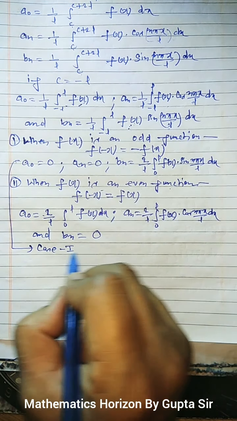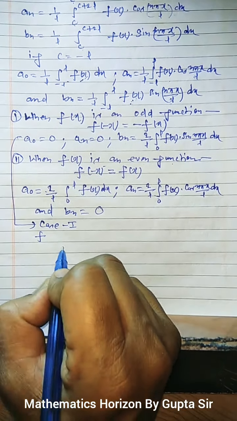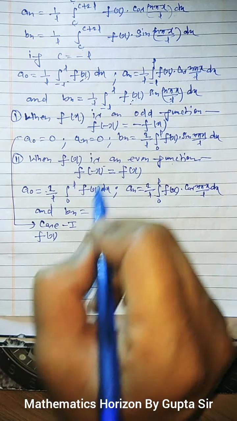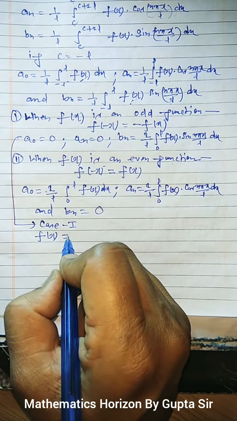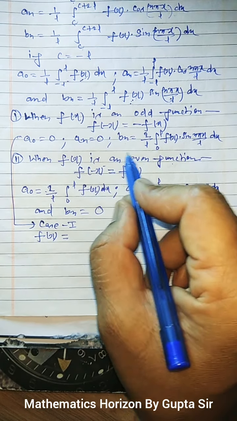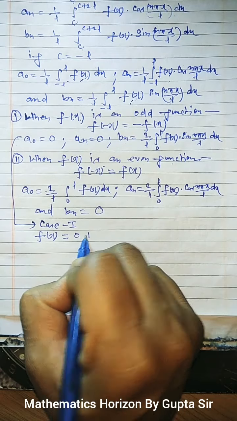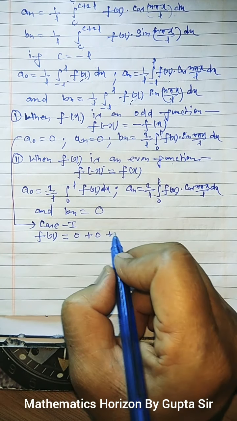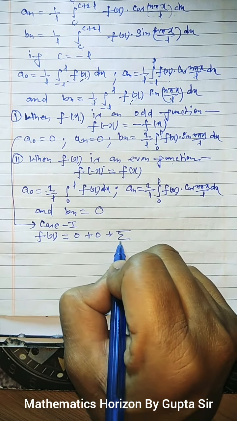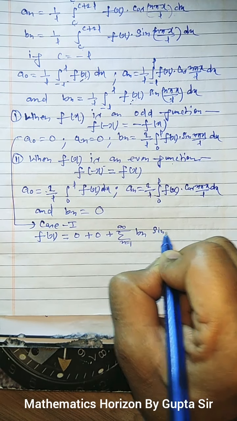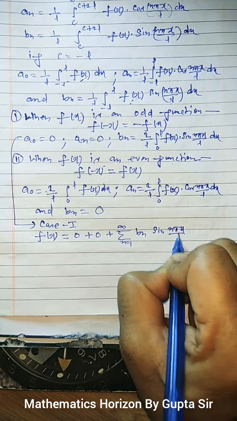we have this Fourier series f(x) is equal to... when f(x) is an odd function, we get only one term in the Fourier series. Here a0 will be 0, an will be 0, and here we get only the term summation n equal to 1 to infinity bn sin(nπx/L).